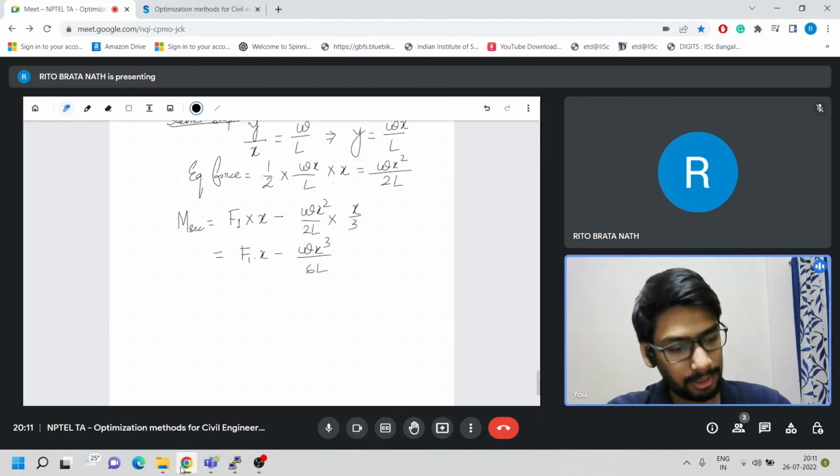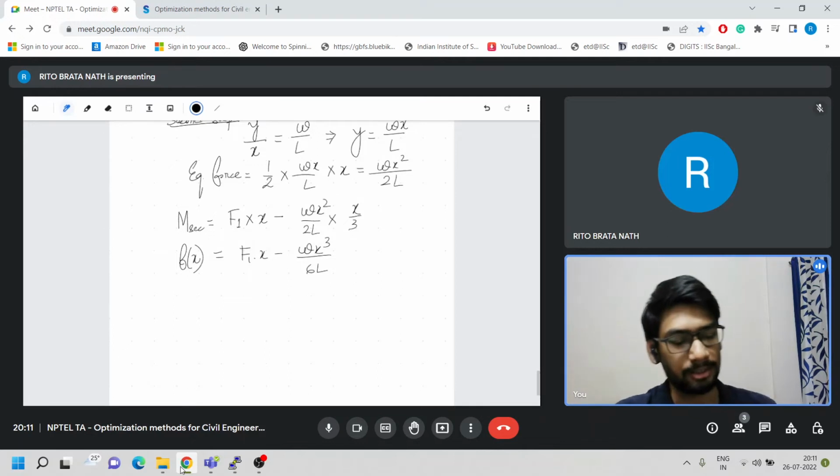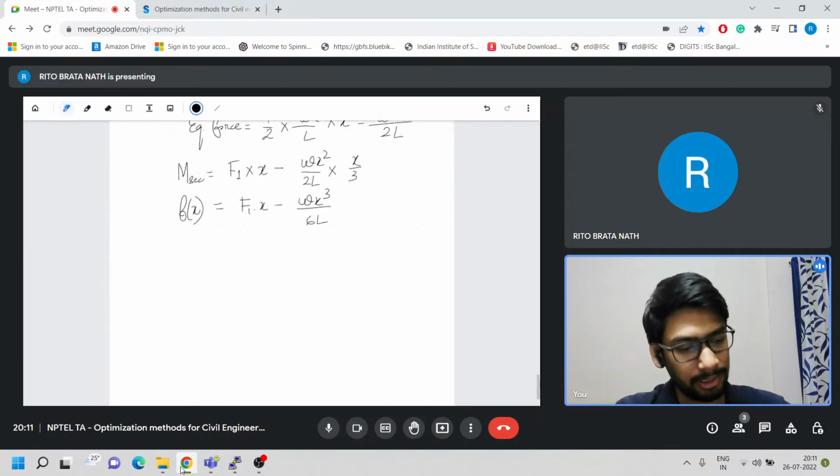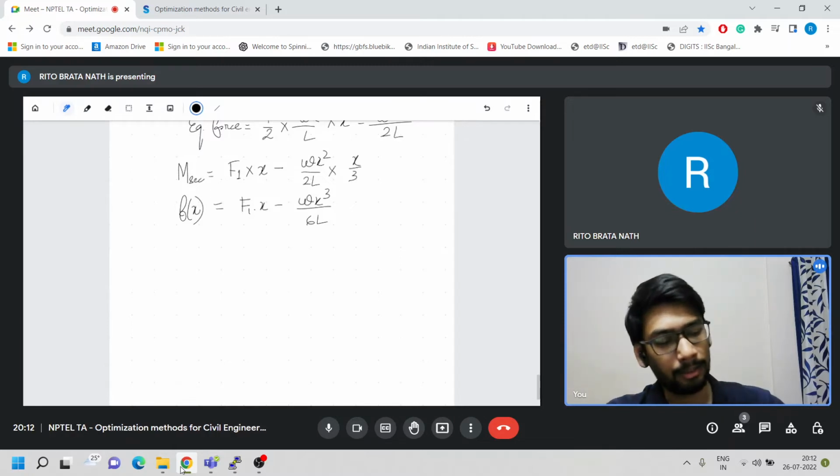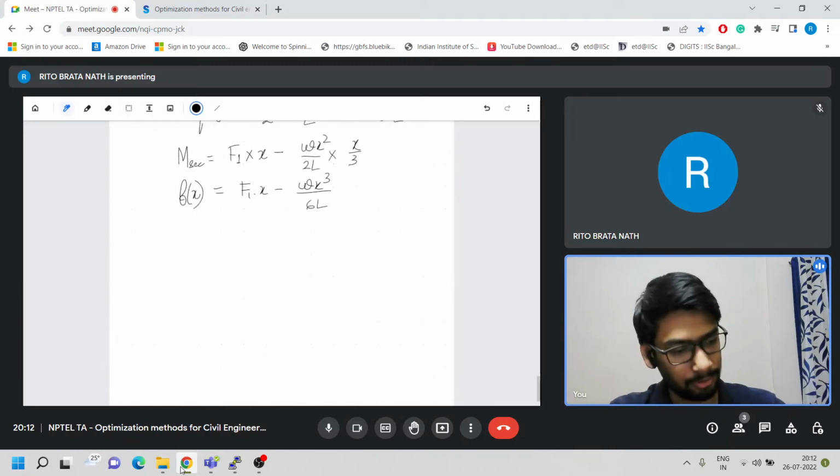So let us name this as a function of x. Now we have to maximize this function. Maximizing this moment means maximizing this function. So now we can see that again this is a function of a single variable, which is x. So we can adopt the similar approach that I have talked about before. So let me take the first derivative with respect to x here.